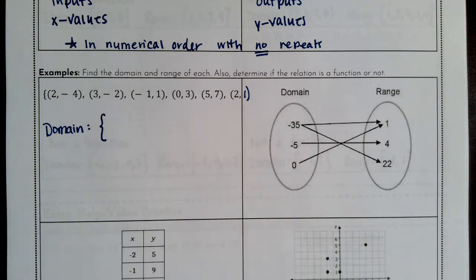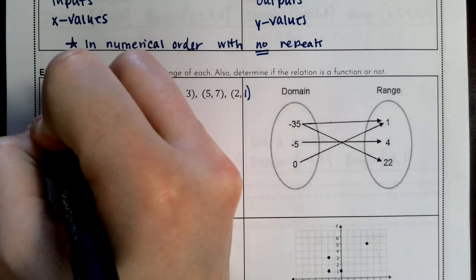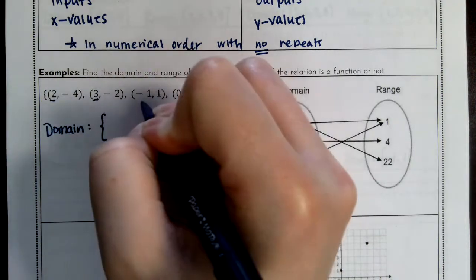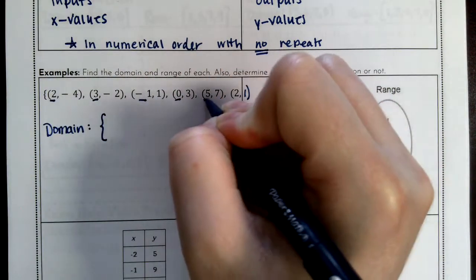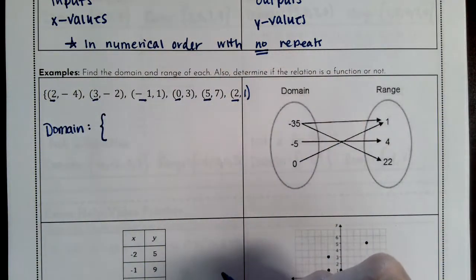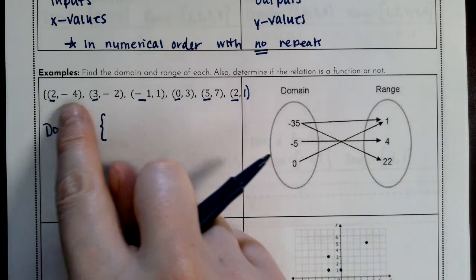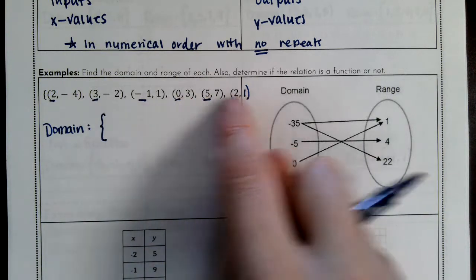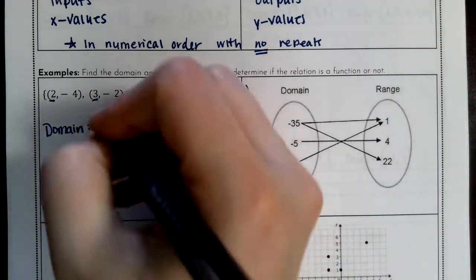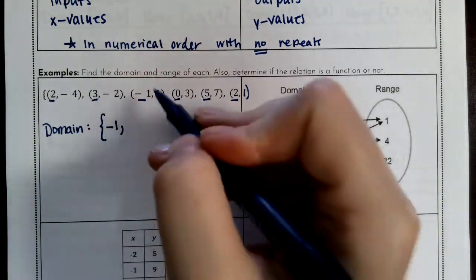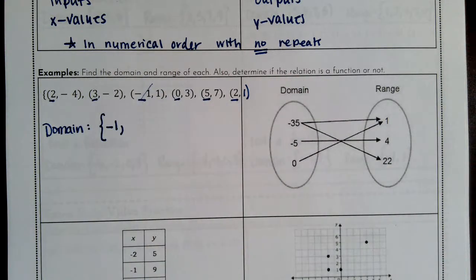I like to go through and underline all the ones I'm looking at or circle them. So 2, 3, -1, 0, 5, 2. We need to go in order, smallest to biggest. As I'm looking at the ones I underlined, the smallest number is -1. Then I like to cross it out lightly as I go so I know that I used it.